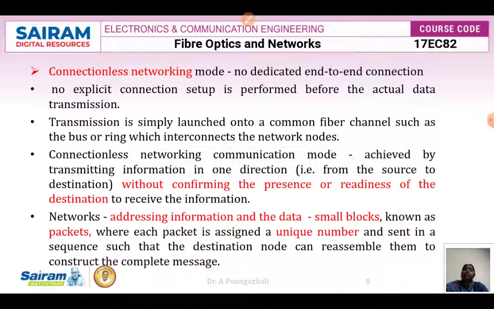Next is connectionless networking. In the connectionless networking mode, we do not have any dedicated end-to-end connection, so no explicit connection setup is performed before the actual data transmission. The transmission is simply launched into the common fiber channel, such as the bus or the ring, which interconnects the network nodes.